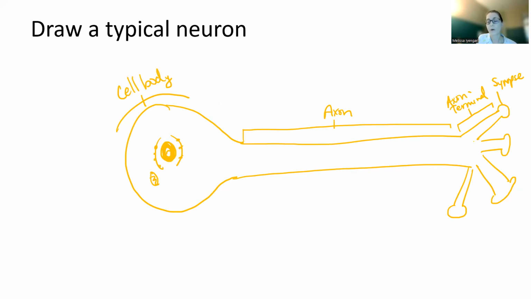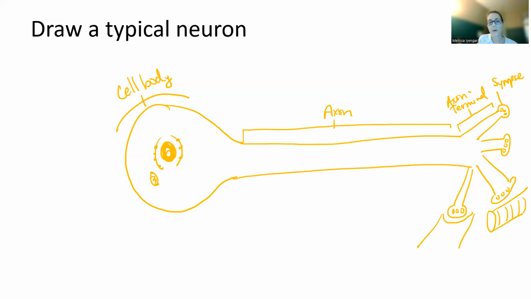And then remember, our electrical message is going to become a chemical message at the synapse so that it can jump to our receiving cells. In the synapse, you're going to have little synaptic vesicles, which are just membrane sacs that hold neurotransmitters. And each of these synapses will be right up close to a receiving cell. That receiving cell could be a neuron, it could be a muscle, it could be a gland, okay?